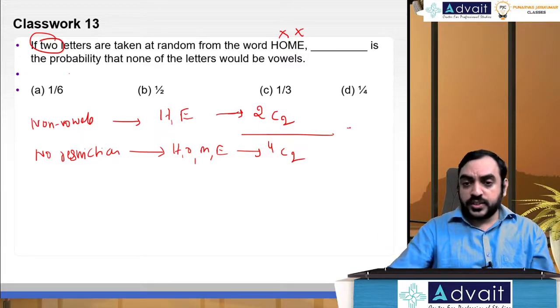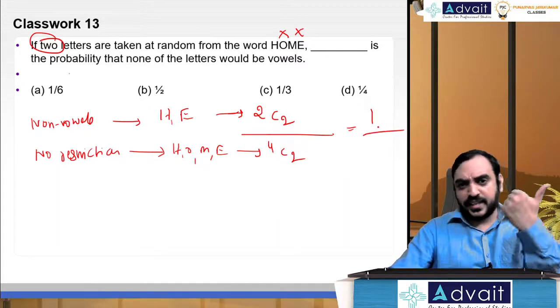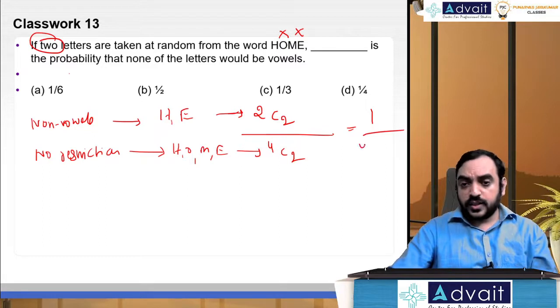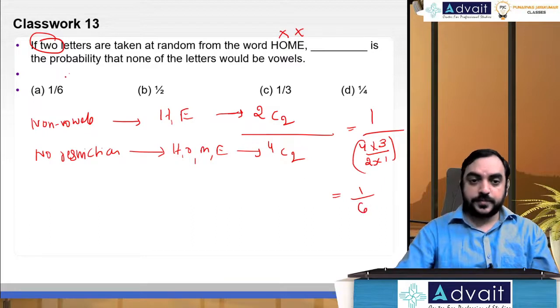So 2C2, 2 into 1 by 2 into 1, that is again 1. nCn is always 1. 4C2 is 4 into 3 in the numerator, then the denominator 2 factorial, 2 into 1. So I think you get 1 by 6.